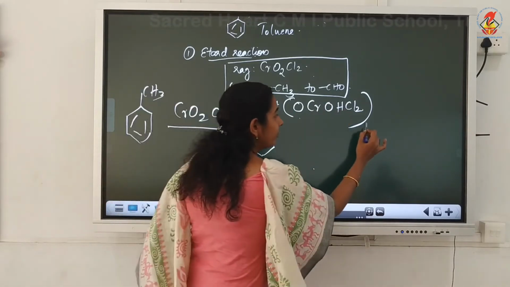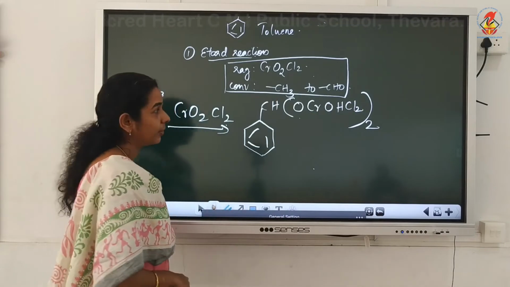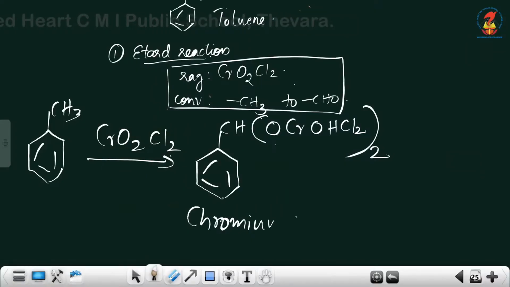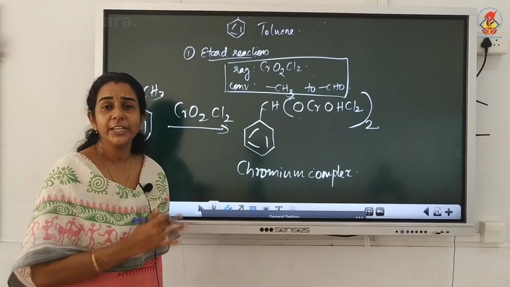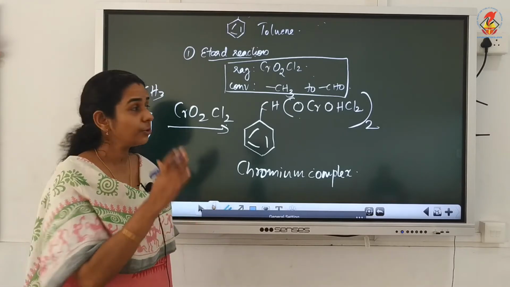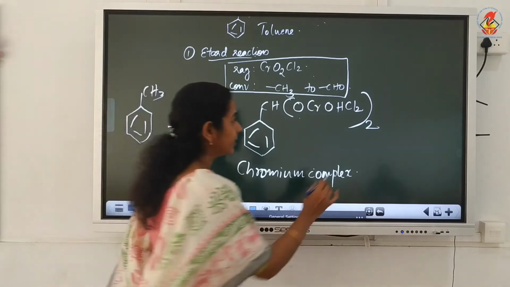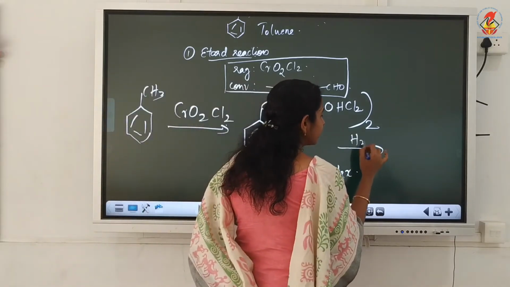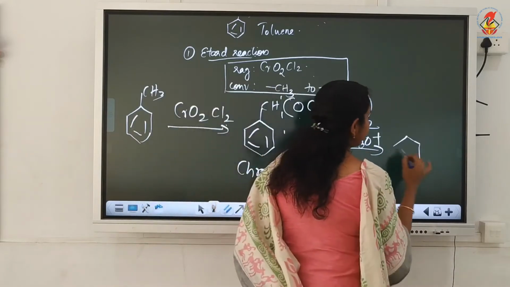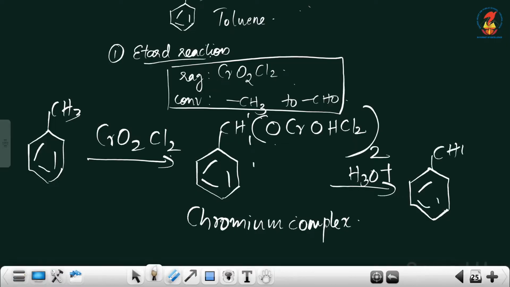We have to do this 2 times, and this is known as a chromium complex. In almost all preparation methods of aldehydes and ketones, the second step will be hydrolysis. On hydrolysis it splits and we get CHO.